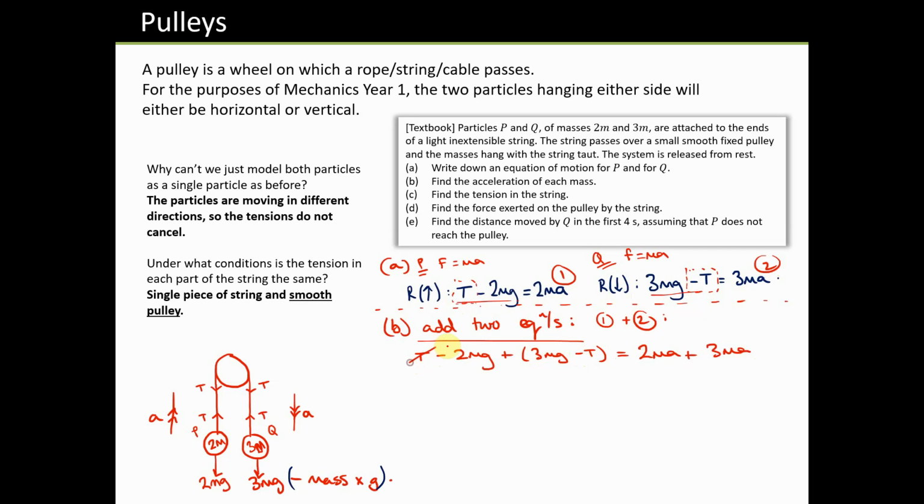Can we see here I've got a positive T and a negative T, so therefore tension is gone. I've lost tension out of my equation, so I can actually solve this for a now, and that happens every single time. So now I just need to collect this, 3mg subtract 2mg, that just leaves me with mg, and then 5ma.